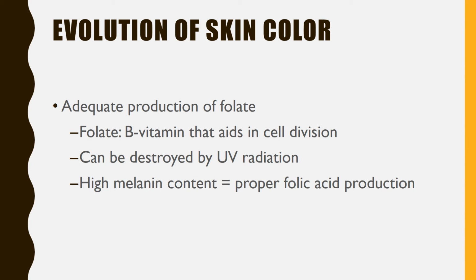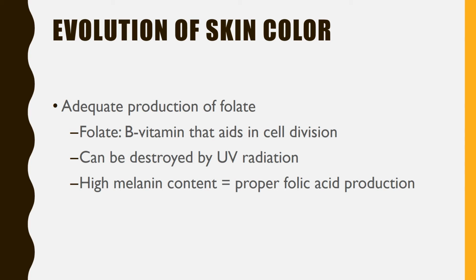Another selective factor for darkly pigmented skin near areas of high UV radiation is the adequate production of folate. Folate is a B vitamin that is replenished through our diets, and its main purpose is to help our body in the production of new cells. Most people can get enough folic acid in the foods that they eat.